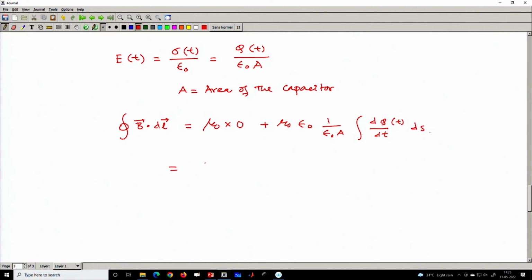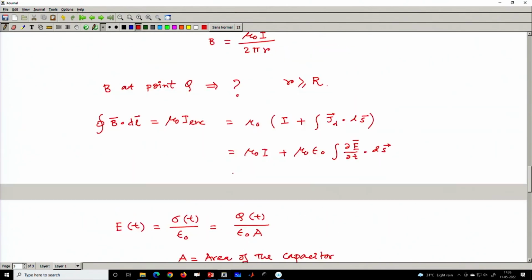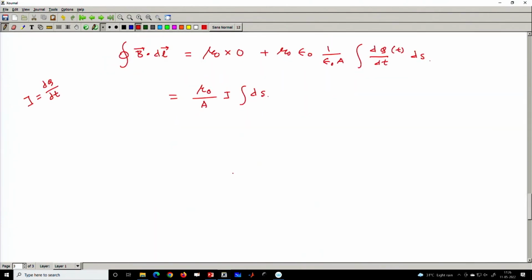So, this portion is 0. So, epsilon 0 is going to cancel out. So, we have mu 0 divided by A, and this quantity dq dt is my current that is already flowing, right. I, which is simply dq dt, this is the current that is flowing through the circuit. So, I should have simply I here and then integration ds. This integration ds is over this capacitor area, which is also known. So, eventually, I should write this I as IC to distinguish it, this is the current that is flowing through the wire.